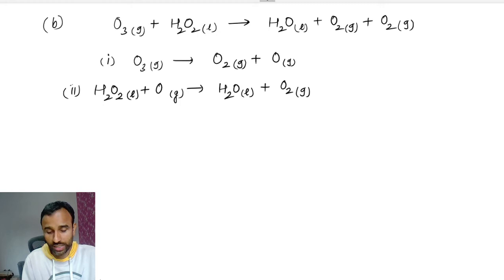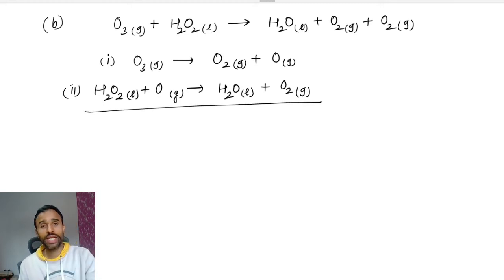So O2 gas is produced in different reactions. In the first reaction, one O2 is produced, and in the second reaction, the other O2 is produced.